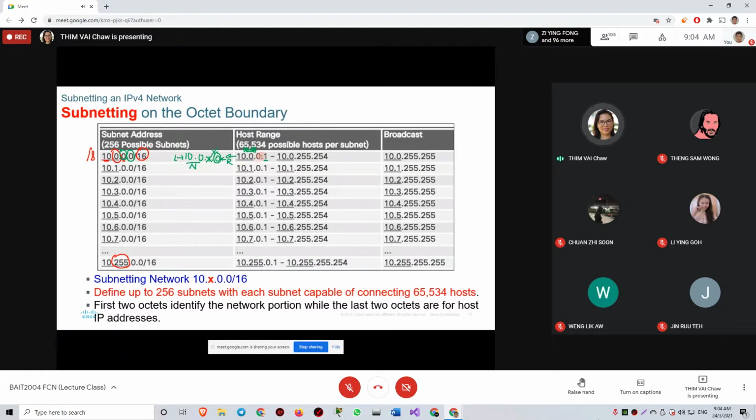So that's why the bit pattern will be 00000000 dot 00000001. This is the bit pattern from here.